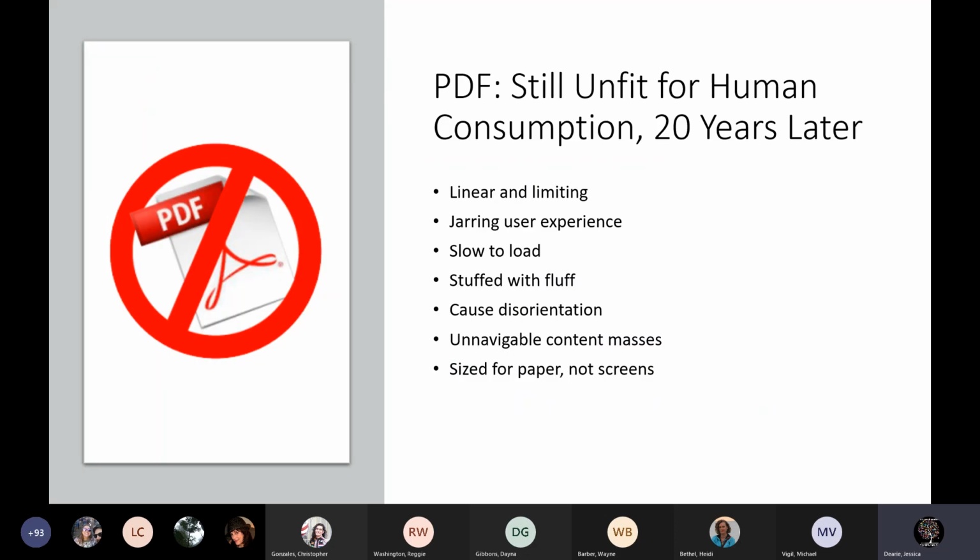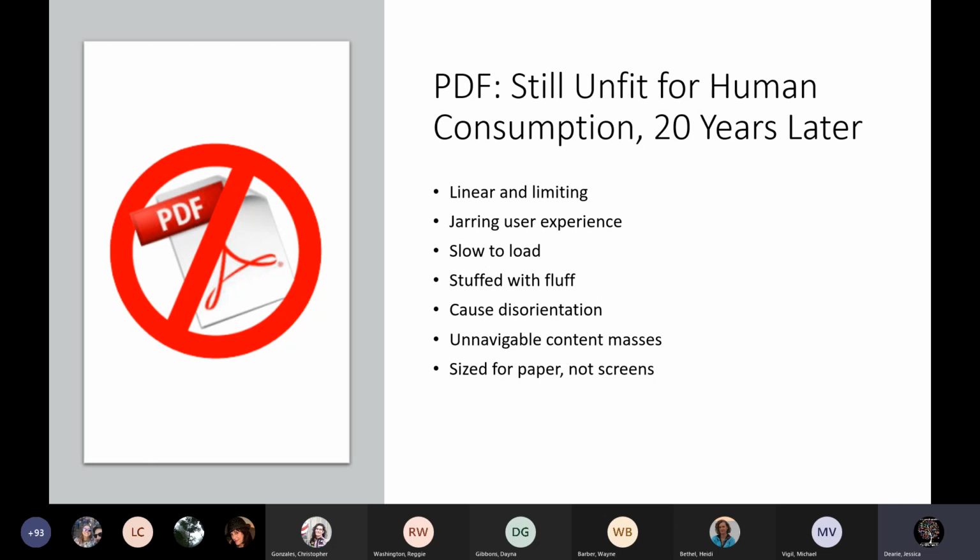And we'll take another minute to talk about PDFs specifically, because this is the largest file type that gets posted on the web. And the Nielsen Norman Group, which are world leaders in research-based user experience, wrote an article over 20 years ago about why PDFs are not a good digital experience.